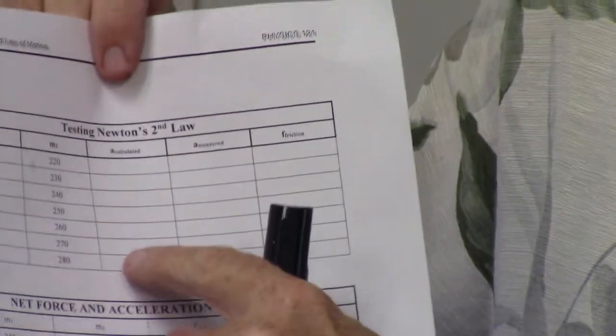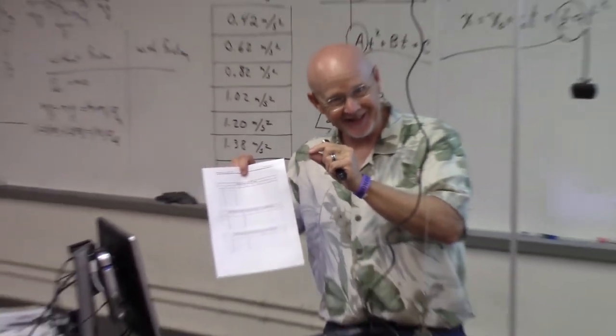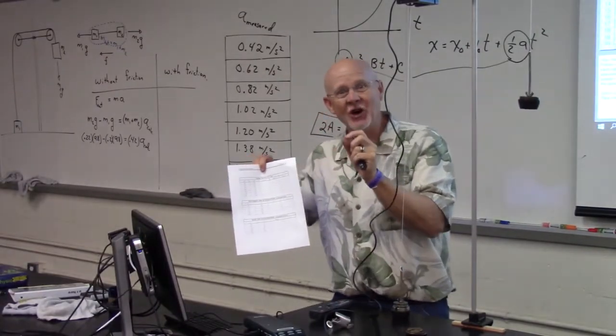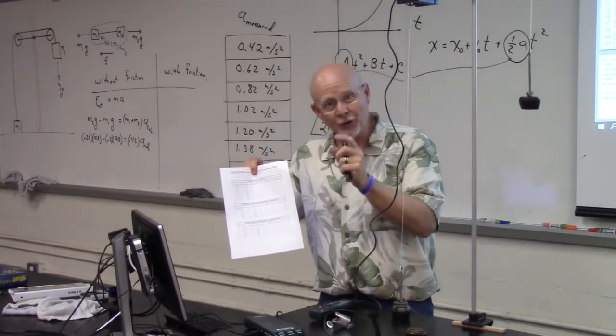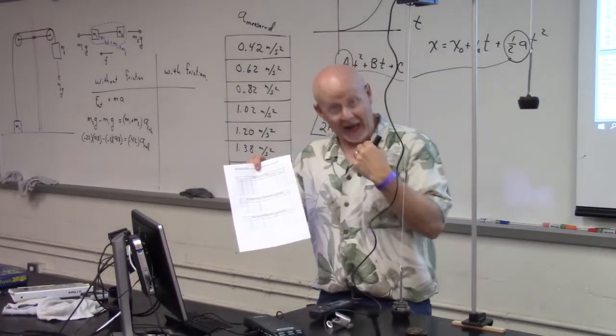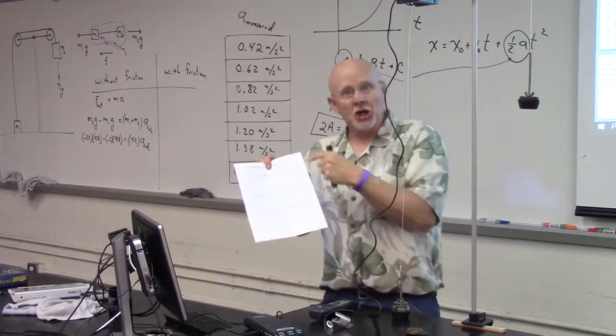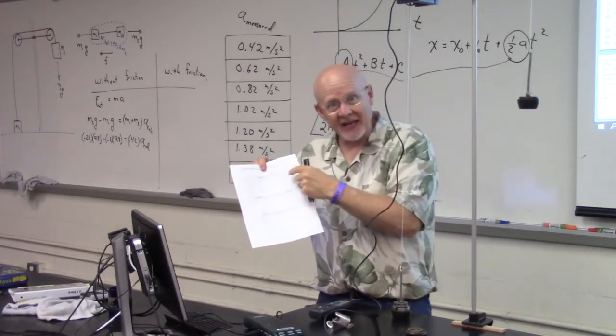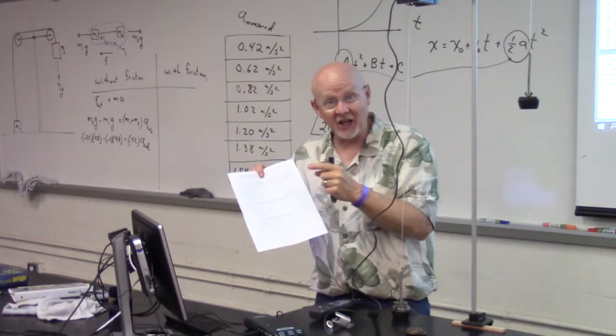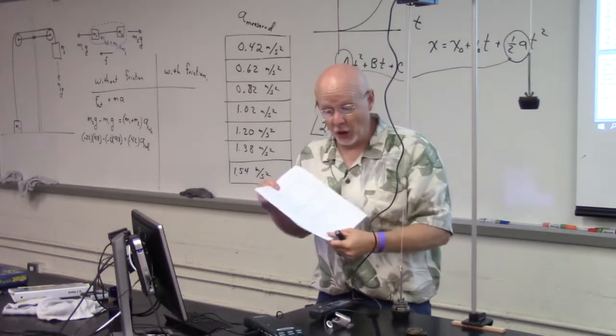I'll say it again, your first column that you calculated was the acceleration without friction. But what I actually measured was the acceleration with friction. So if we use the acceleration that I actually measured, or I should say we measured together, you should be able to calculate this third column. And that's going to be your job.